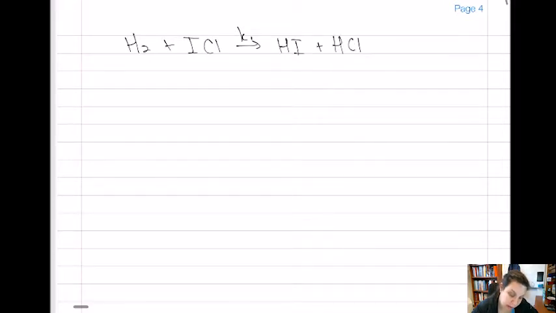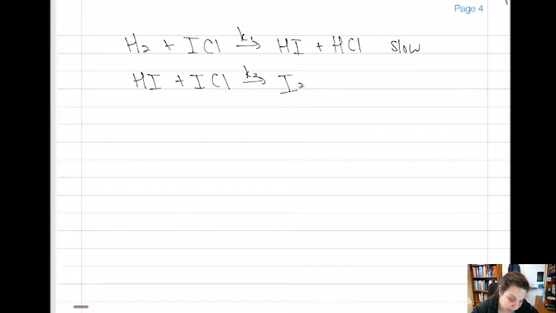I'm going to work them out in a different video, but for instance, let's take this mechanism. So we've got this initial elementary step. And we would say that this one is our slow one. And then we have a second elementary step with a different rate constant associated with it.